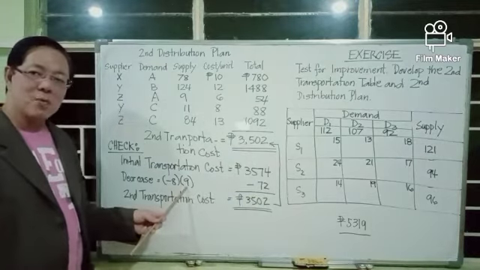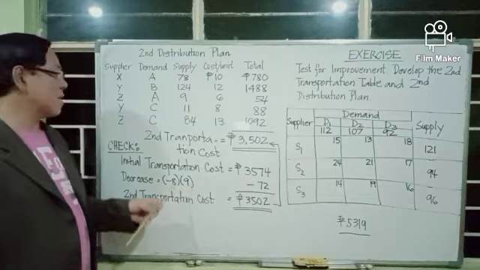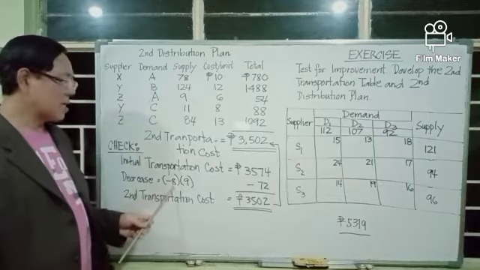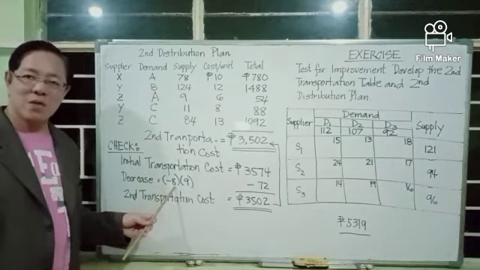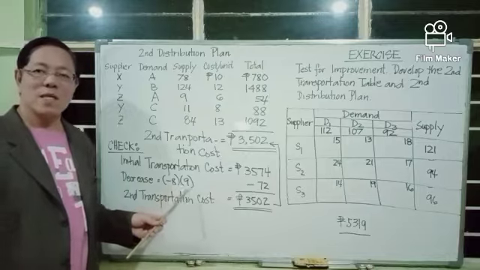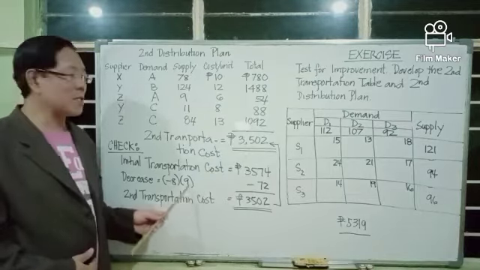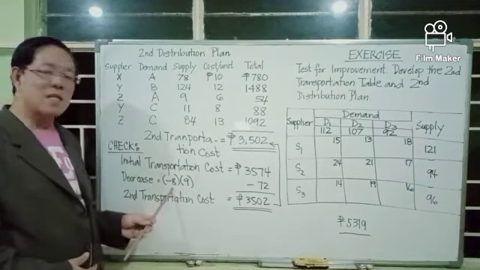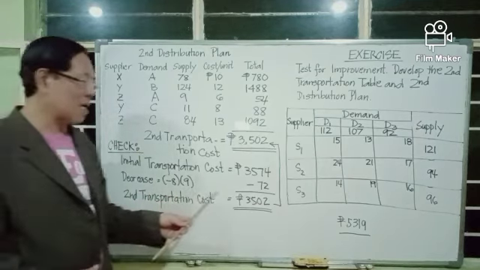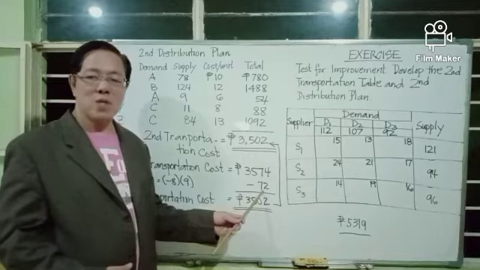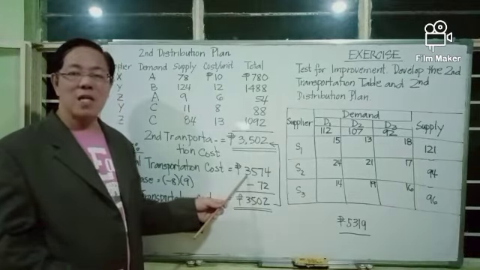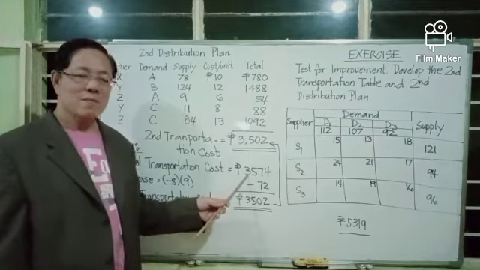9 units we transferred to the vacant cell CA, and the decrease per unit is 8 pesos. So the total decrease in total transportation cost after transferring 9 units to the vacant cell CA is negative 8 multiplied by 9, which is 72, which we subtract from the initial transportation cost.